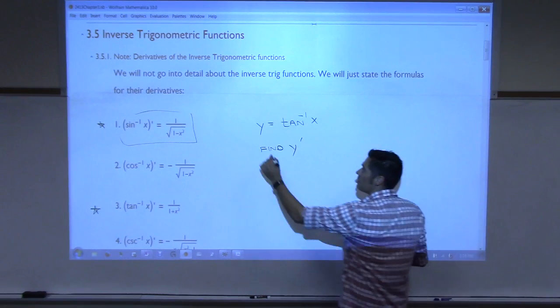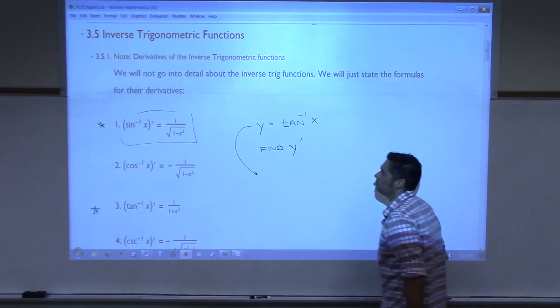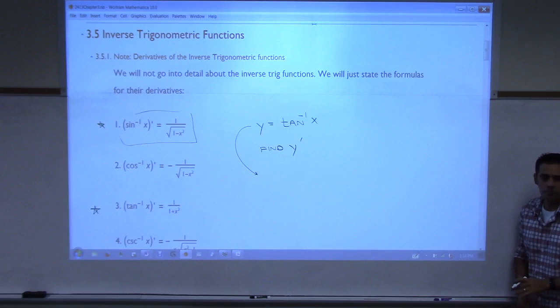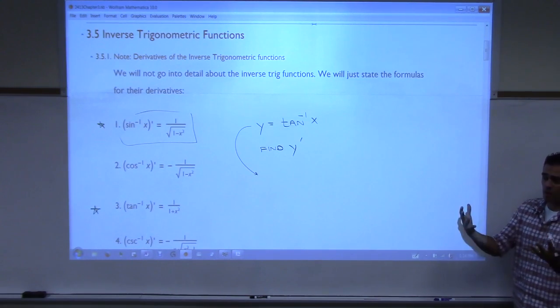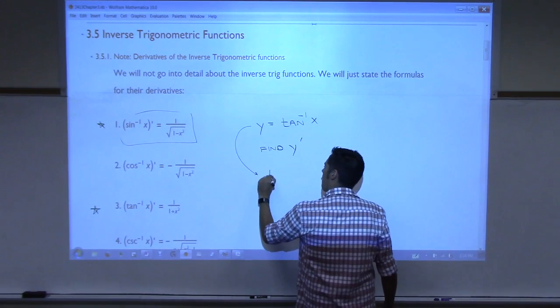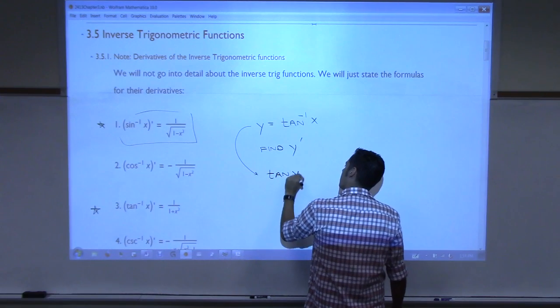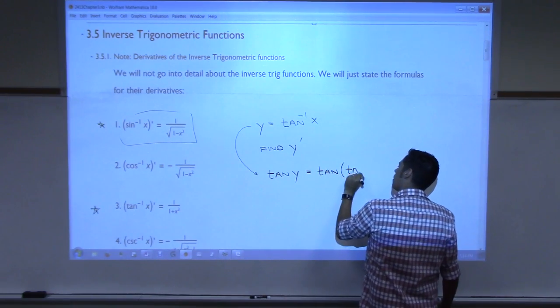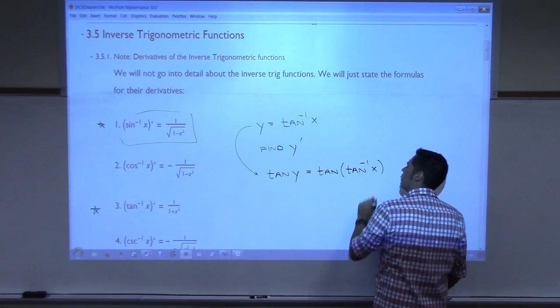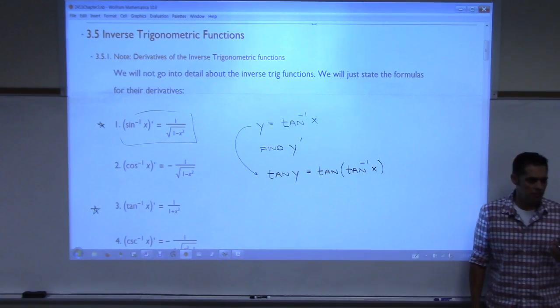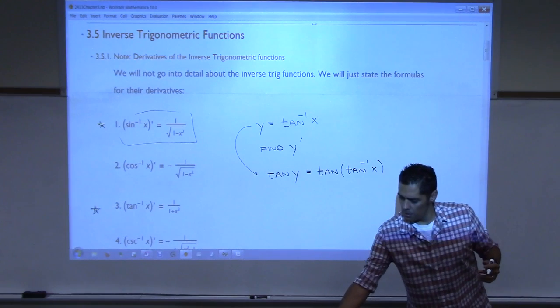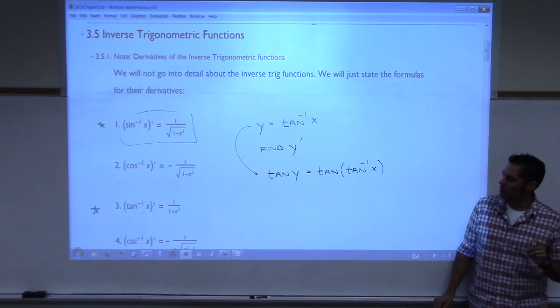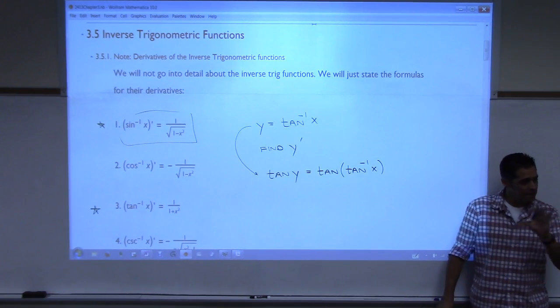So start with this equation, and what should I do? Tangent on both sides, right? Now be careful with the way you say that, because we're not multiplying both sides by tangent.